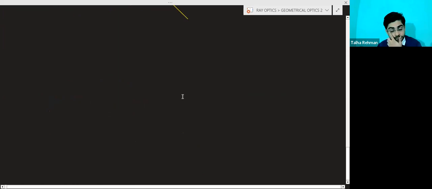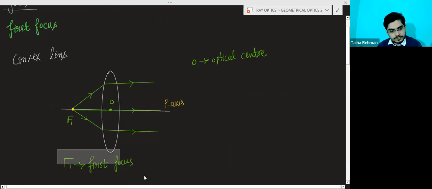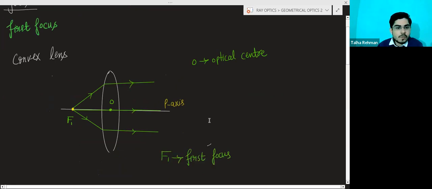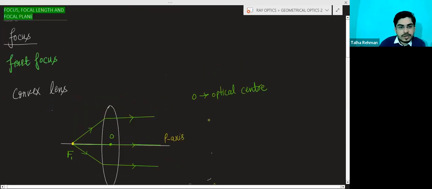Okay. Now see. We can finish focal length also. Focal length you should write here.